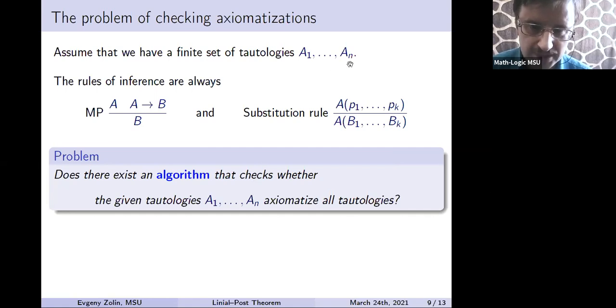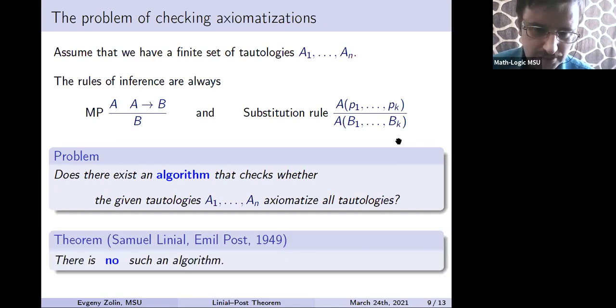So A1, ..., An are individual axioms, and we have this rule of inference to obtain a schema from an axiom. So we can substitute any formulas for any variables p1, ..., pn.